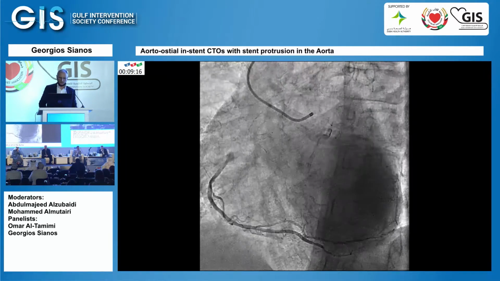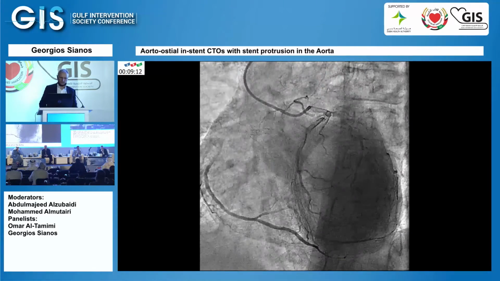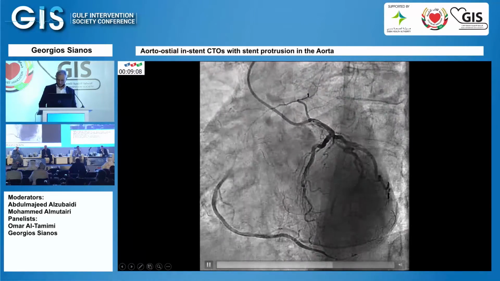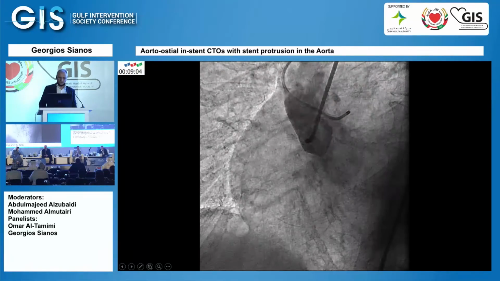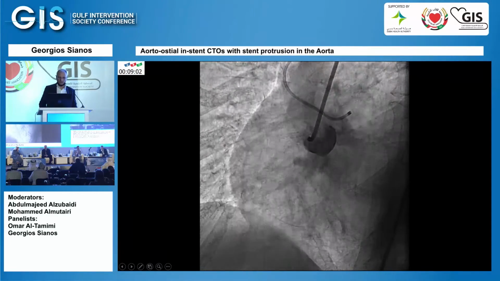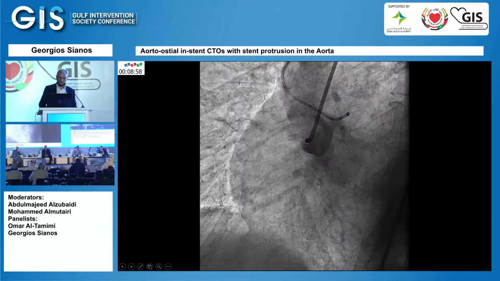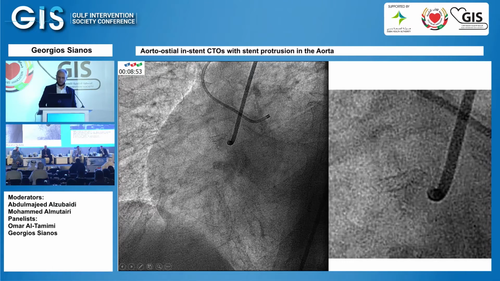This is the coronary angiogram from the left system, and you can appreciate that the right coronary artery is occluded, and there is a stent. It's clearly visible here. They are making an attempt. The initial intervention film was not available. To engage the right coronary artery, you can appreciate that the stent is protruding into the aorta.